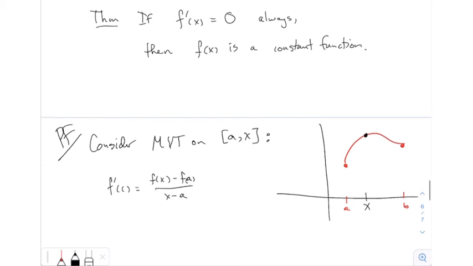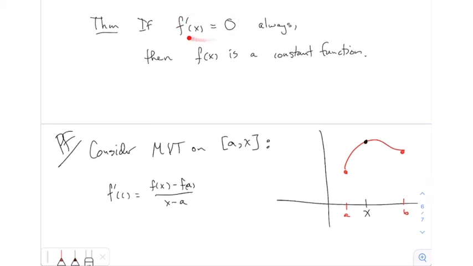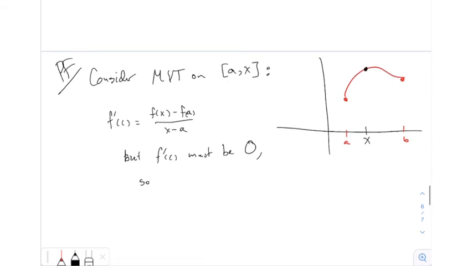But I said I'm trying to talk about the situation when f prime is always 0, all right? So in this example, if f prime of c is always 0, that means f prime of c must be 0. So what does that mean? It means 0 equals f of x minus f of a over x minus a.